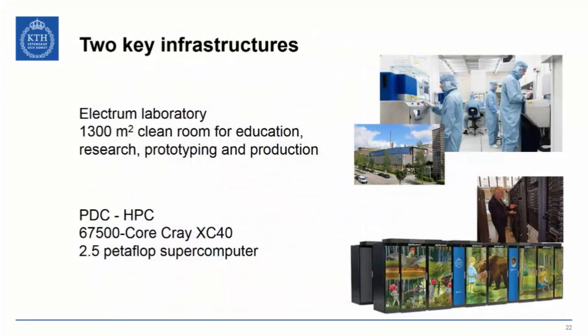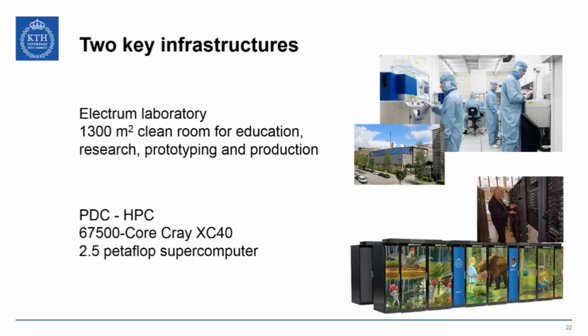The two latter deserve a little more mentioning because they are often described and used as key infrastructures in research collaboration, both nationally and internationally. The Electrum Laboratory, for instance, is located on the Kista campus, and it's a 1,300 square meter clean room for education, research, prototyping, and production.